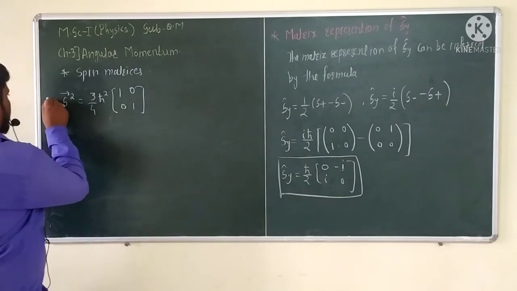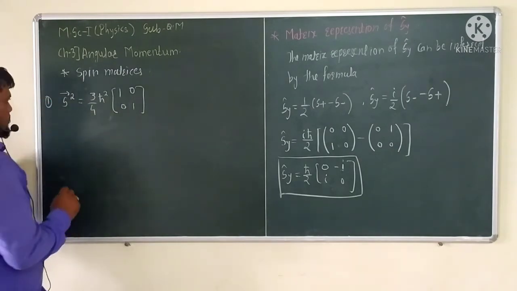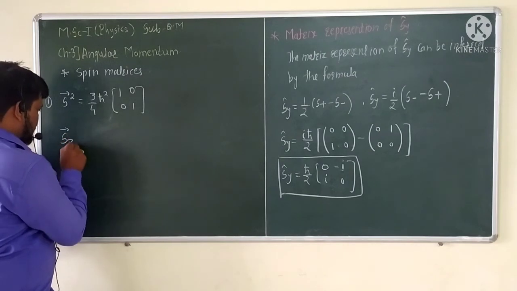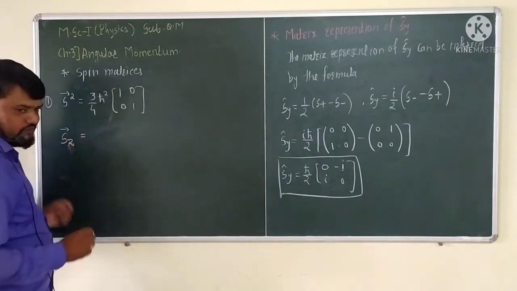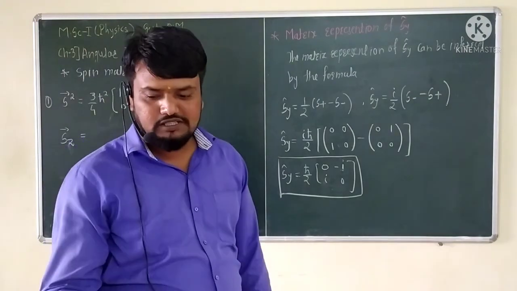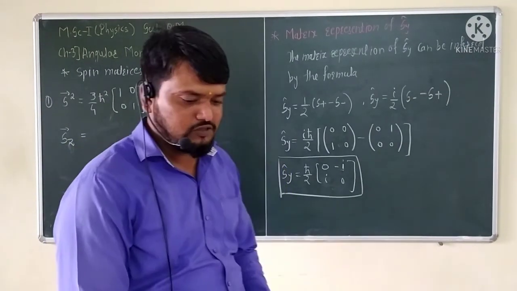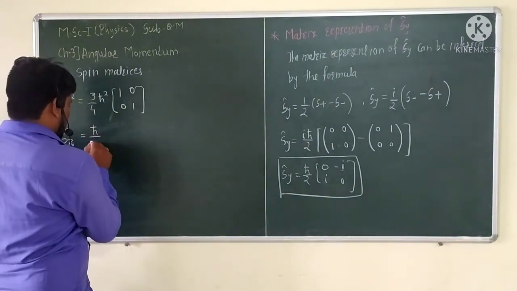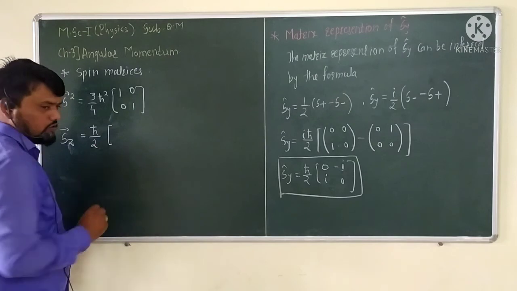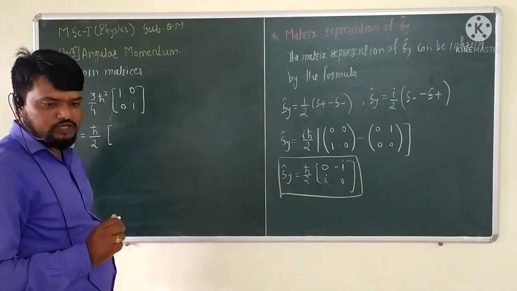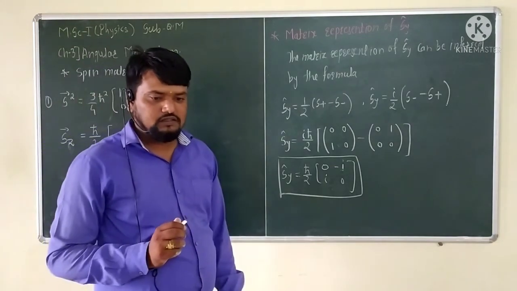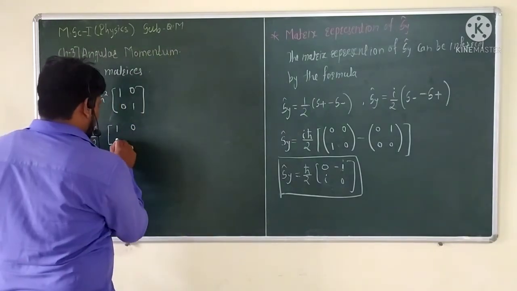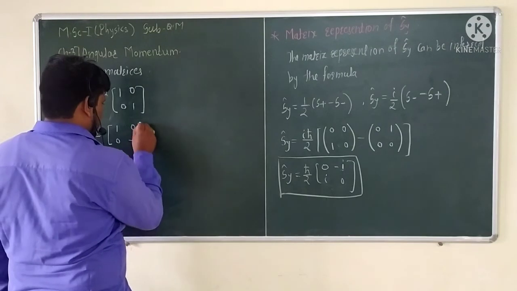Again, the matrix representation of Sz cap is h cross by 2 times 1 0 0 minus 1.